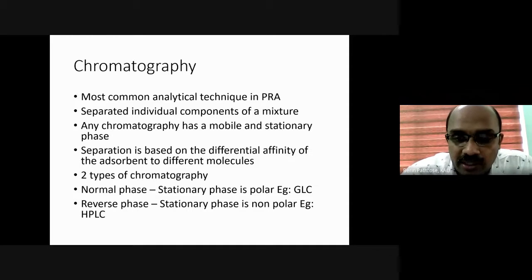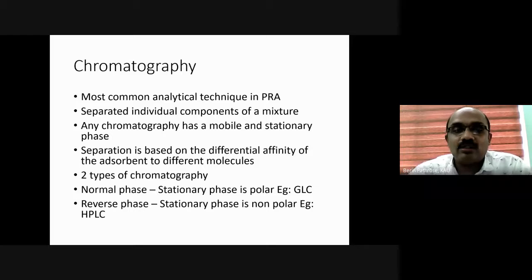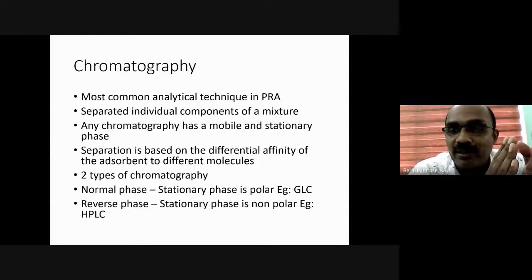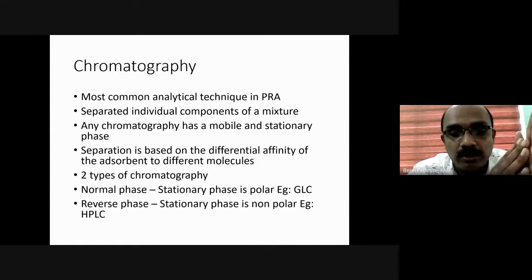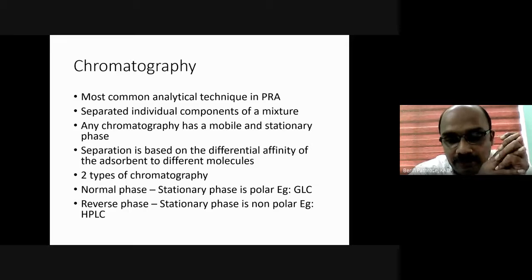If you want to analyze the residue in that sample, say he sprayed it on bitter gourd, your technique should be able to separately analyze chlorpyrifos as well as cypermethrin. Then only we can say whether residues of chlorpyrifos and cypermethrin are present.